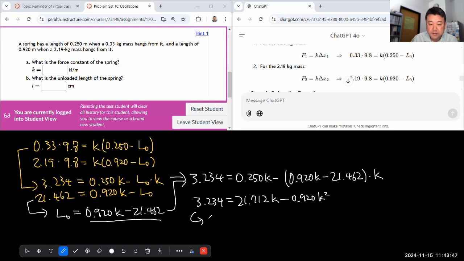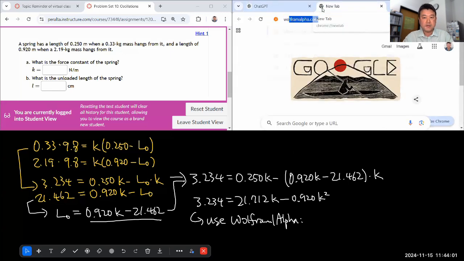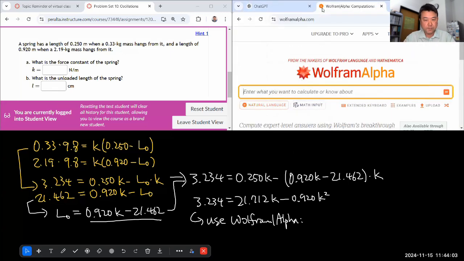Let me use Wolfram Alpha. Using Wolfram Alpha, I should get two values of k, and I'll just say I pick the positive one. 3.234 is equal to 21.712 times x minus 0.92 times x squared.